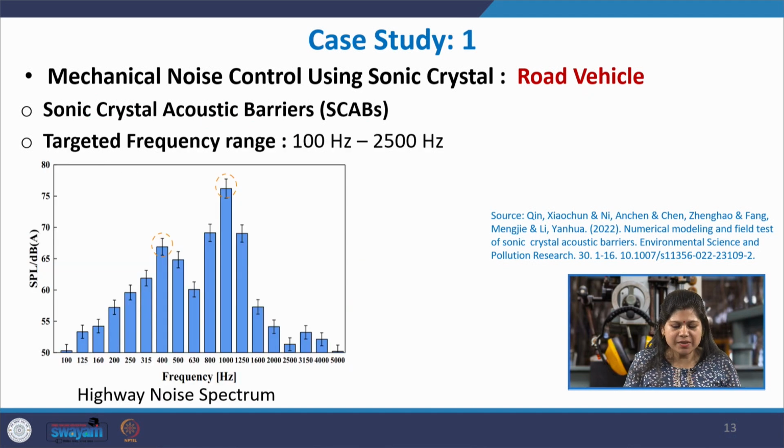The target frequency range, when it was measured, was chosen between 100 to 2500 Hz, with peaks observed at these frequencies. And the sonic crystal barrier was designed to attenuate these frequency ranges because this was the noise spectrum of the highway.